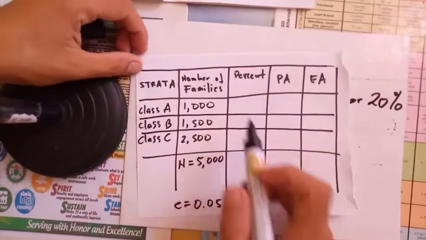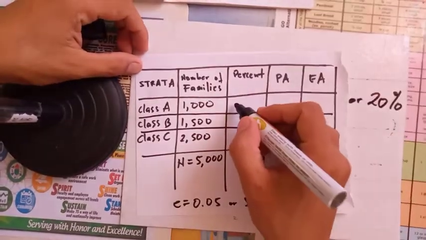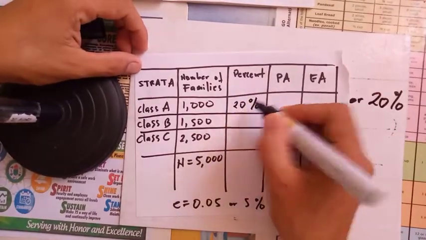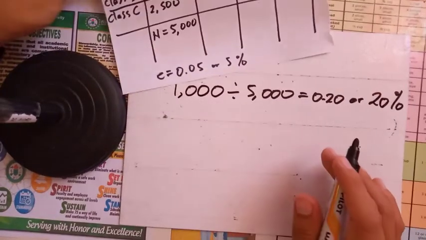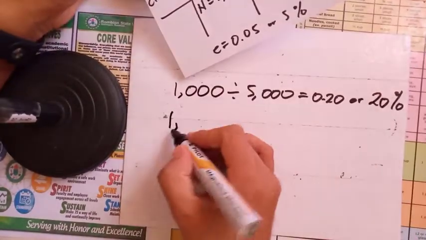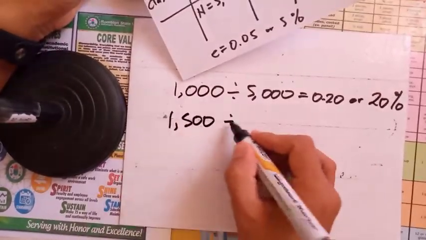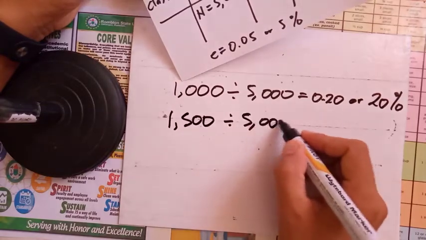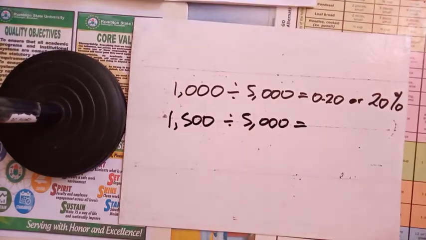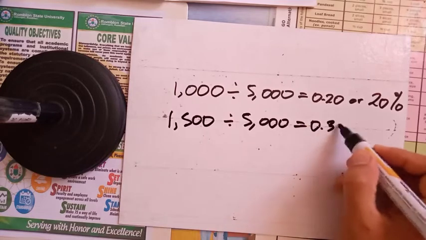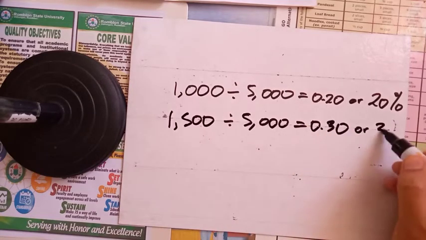So for the percent here, we have 20%, or the 0.20. And next, we have 1,500 divided by 5,000. That would be 0.30 or 30%.